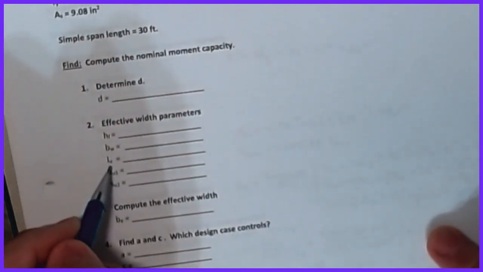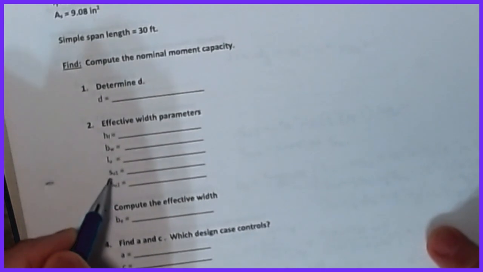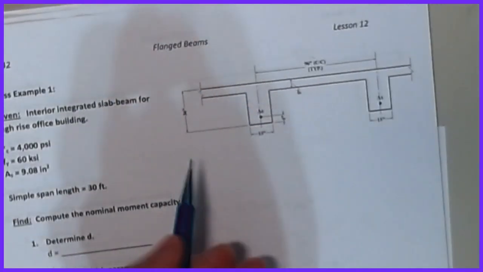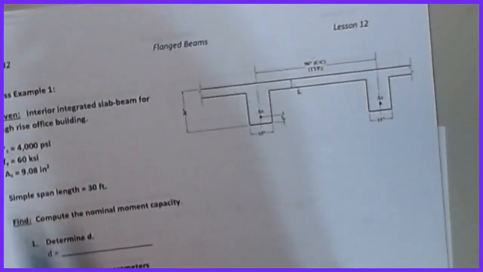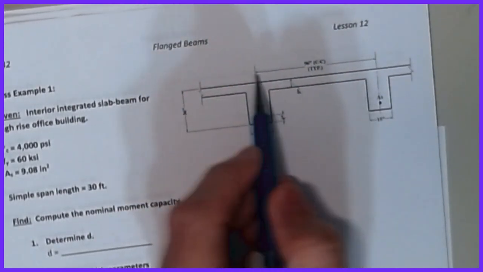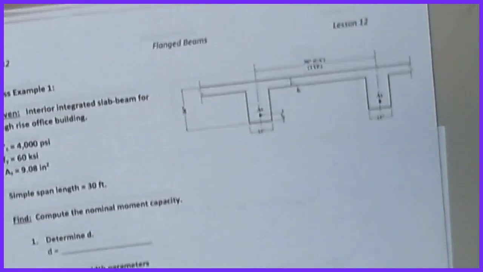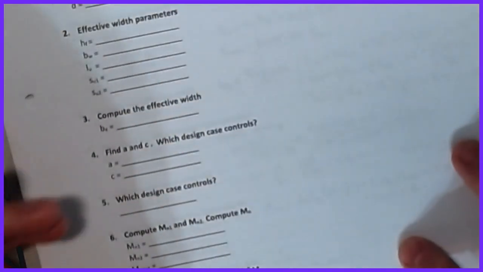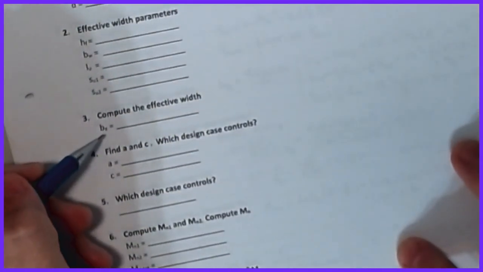We have our span length, ln, and then our transverse clear span dimensions, sn1, sn2. In this case I only drew one, but we're going to assume that this repeats as it goes across. I think I have 96 inches called out here, so assume 96 to the next one, and so forth. Once you do that, you can calculate the effective width from that simple table.